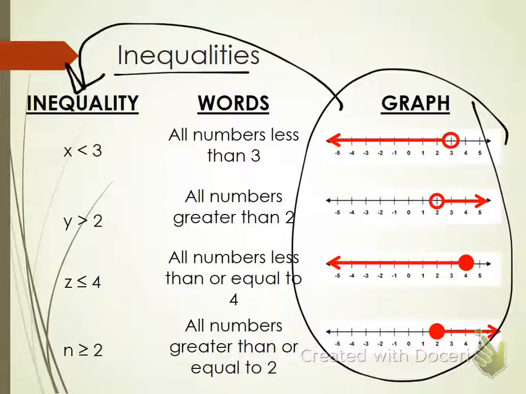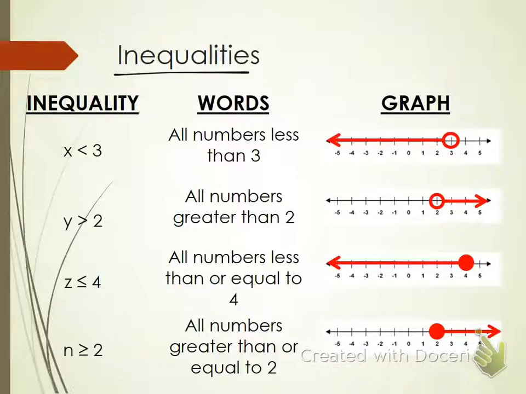So I just want to go over how these three categories relate to each other. We start by reading the inequality, and we always read the variable first. x is what? Less than 3. What is it saying in words? All numbers less than 3 will be a solution.